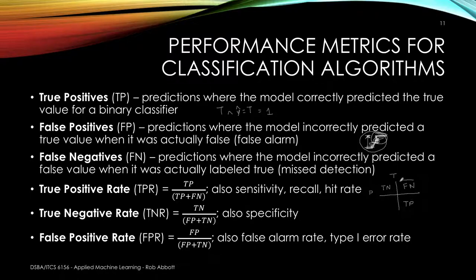So if I want to look at my sensitivity here, I'm taking the positives and the false negatives and checking the ratio of those.